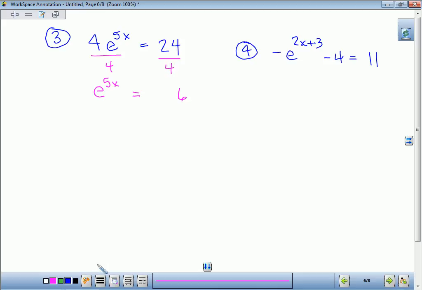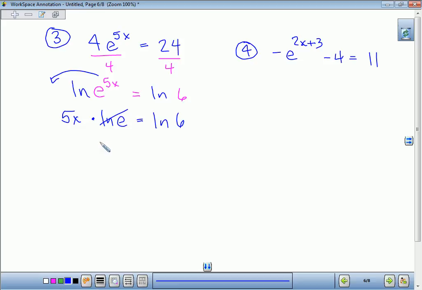In this case, and in all the cases today, the base is e. So when our base is e and we go to take a logarithm, we will always choose natural log. The exponent comes out in front. Natural log of e has a value of 1.